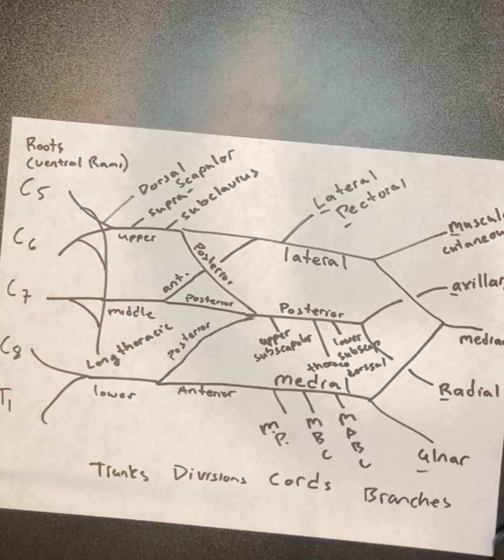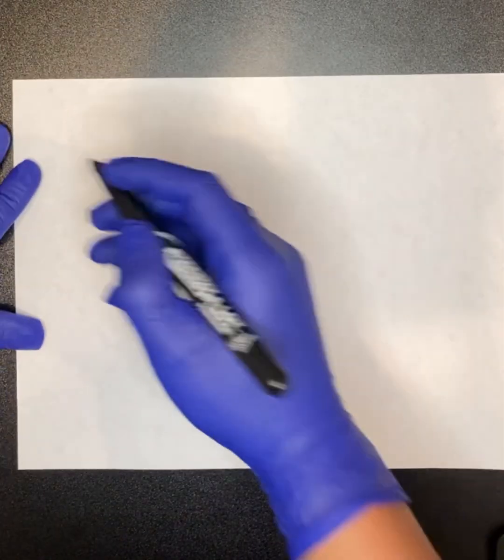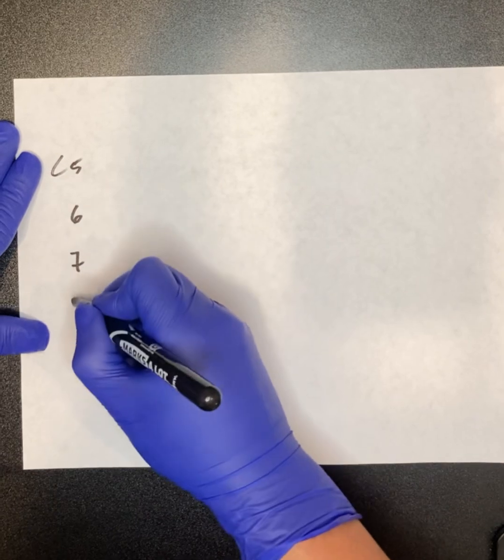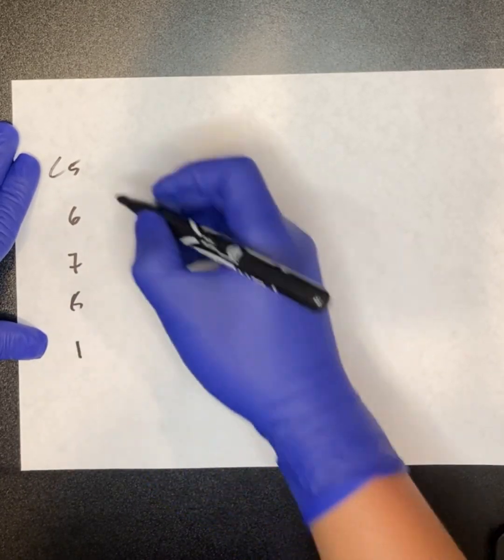So, let's see how well you can do it. Now, I'll get myself a blank piece of paper, and the more you do it with repetition, this actually gets easier over time. So, start with C5, 6, 7, 8, and T1.